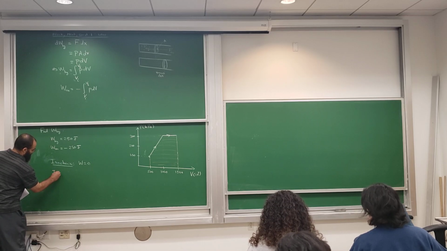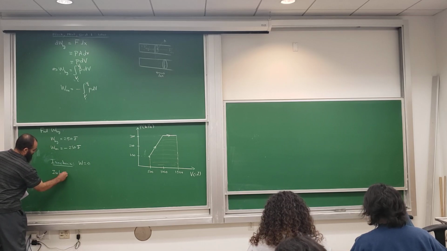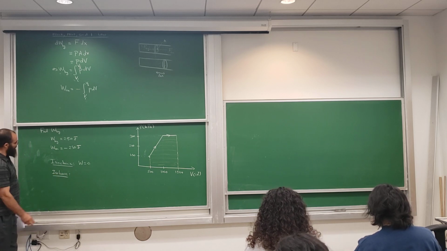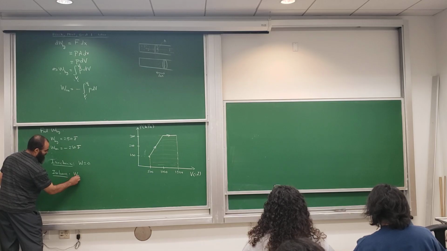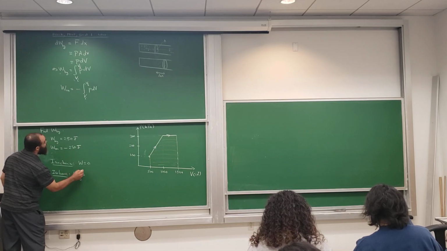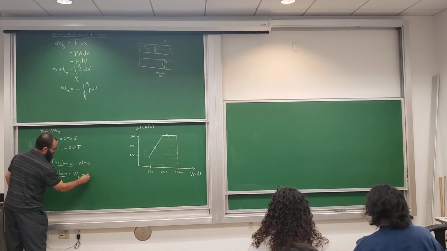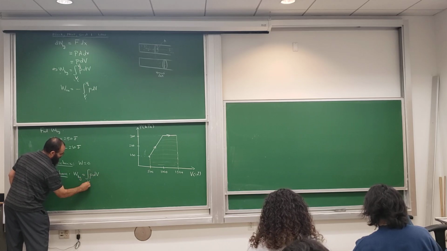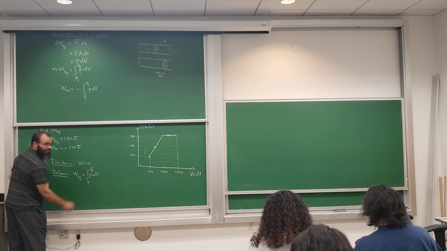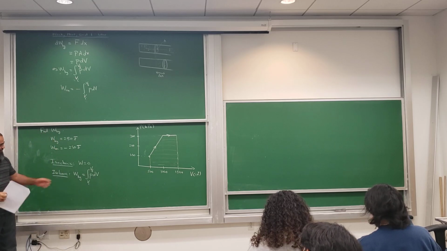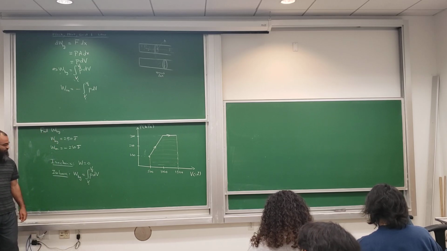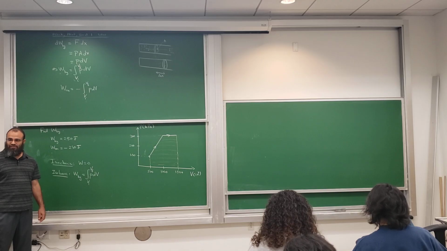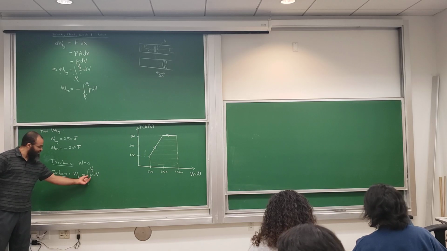Isobaric. Let's start with the work done by the gas. Here's the definition right there. P dV, integral from V initial to V final, right? That's the integral I need to do. But it's isobaric, so what do I know about the pressure? It's constant, it doesn't change, so we can pull it out.